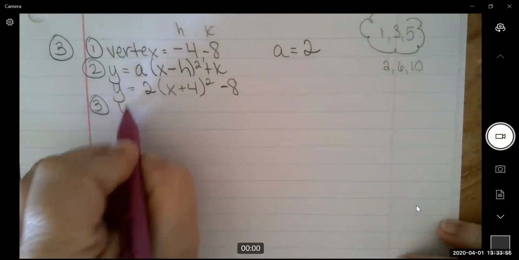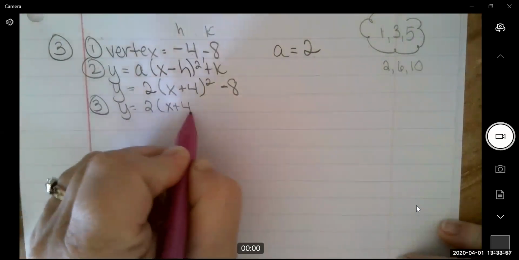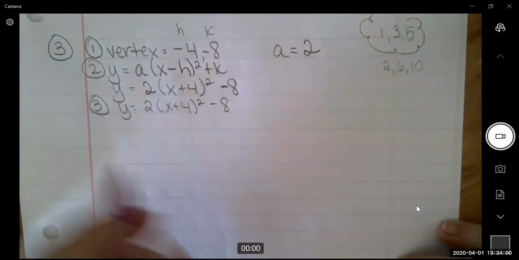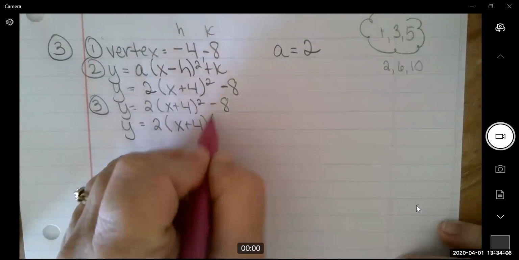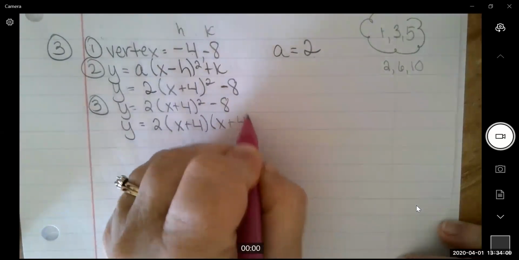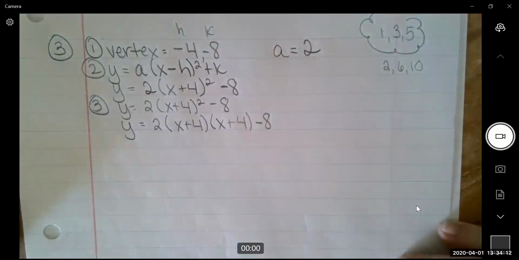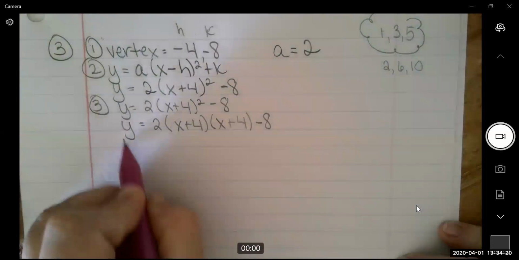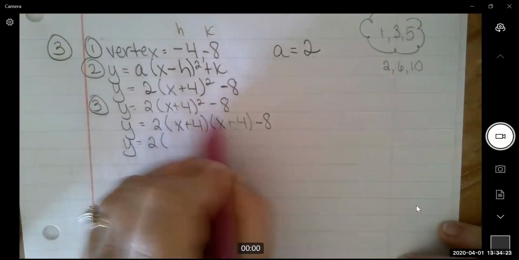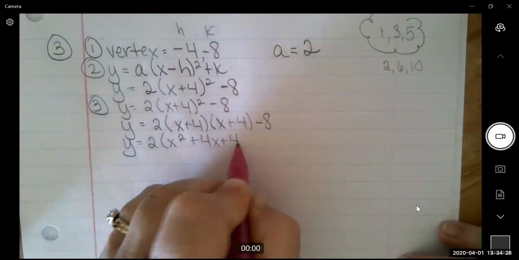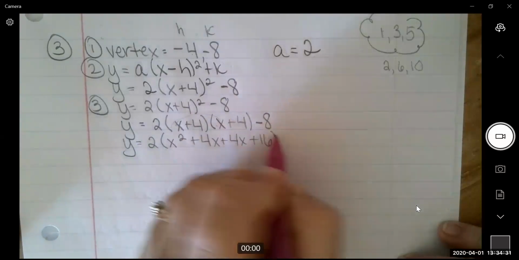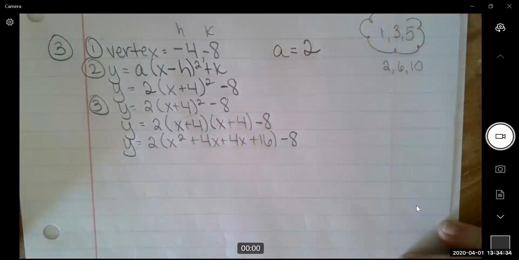Now we're going to take our vertex form and write it in standard form. So we have 2 times x plus 4 times x plus 4 minus 8. We need to deal with this first. That's going to give you x squared plus 4x plus 4x plus 16.